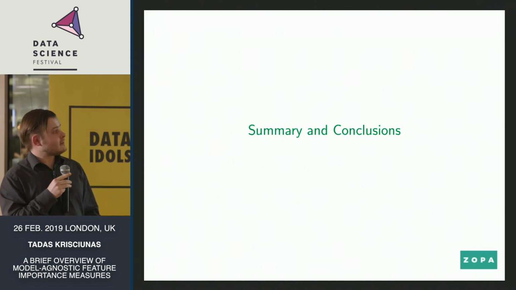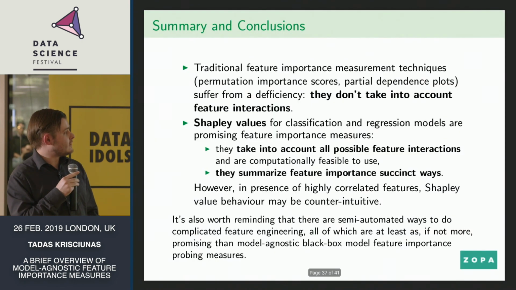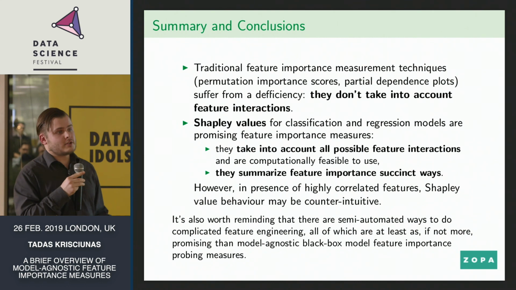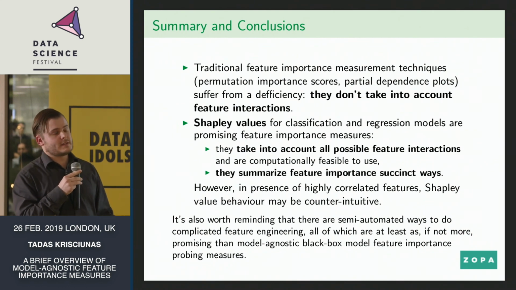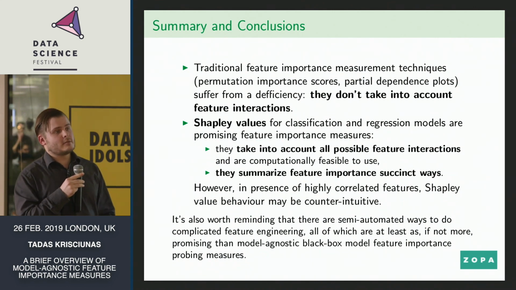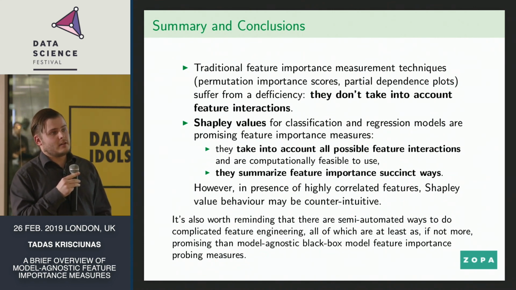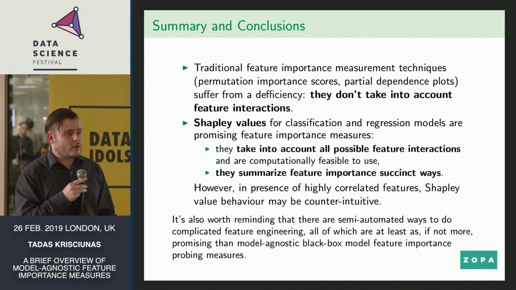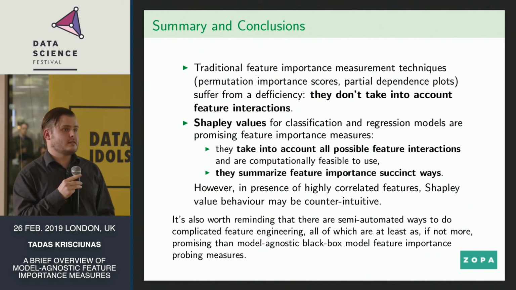And let's end with that, just summarizing what we have discussed today. So we have looked at a few traditional feature importance probing techniques, specifically permutation feature importance and partial dependence plots, and we have seen that there is one core issue with them, and that is that they don't really probe feature interactions.